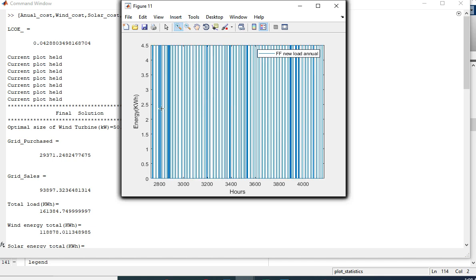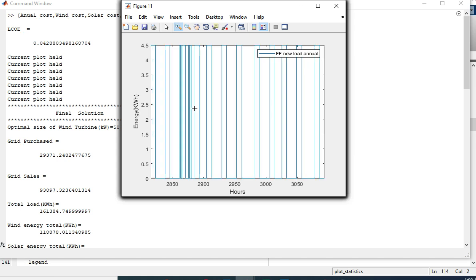So let's see that it doesn't have a uniform profile, because how much load has to be met is totally dependent on how much renewable energy is available at that specific hour. So you can see there it has some irregularity, because we can turn on any load. This is actually shiftable load, so we can turn on any device at any time.